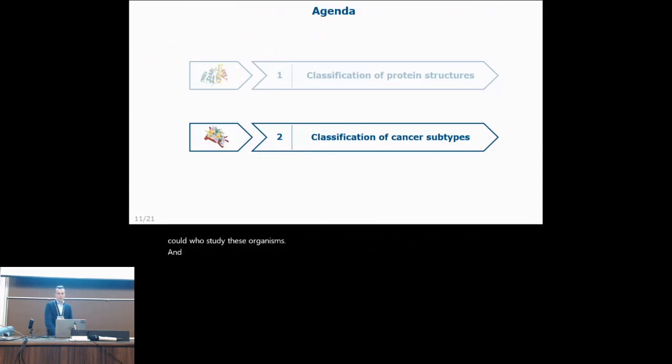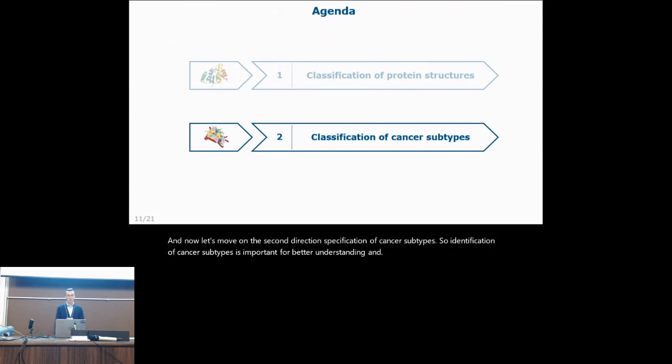And now let's move on to the second direction, which is classification of cancer subtypes. Identification of cancer subtypes is important for better understanding and identification of the right treatment approach for a particular patient, and subtype-specific therapy was successfully applied for various cancer types.